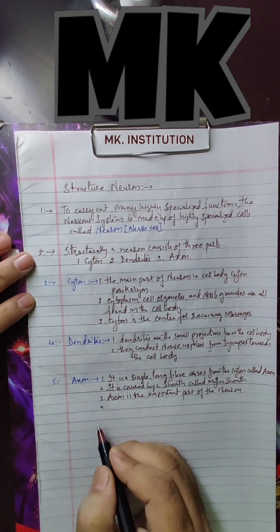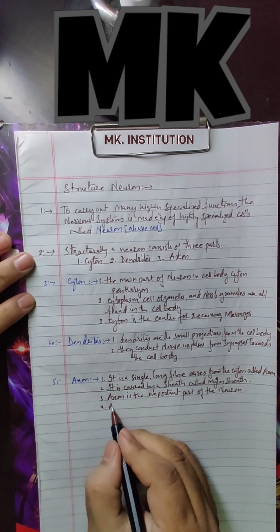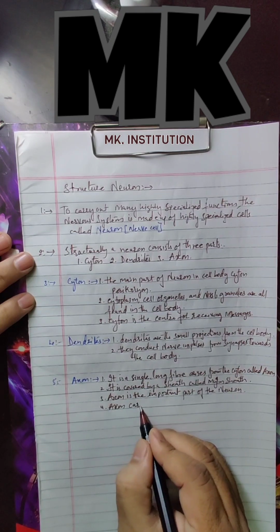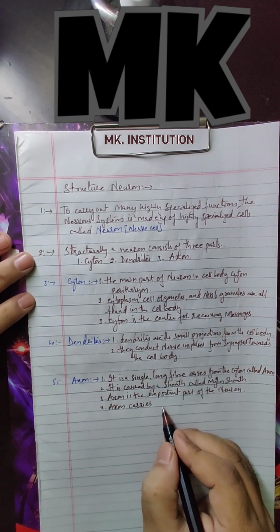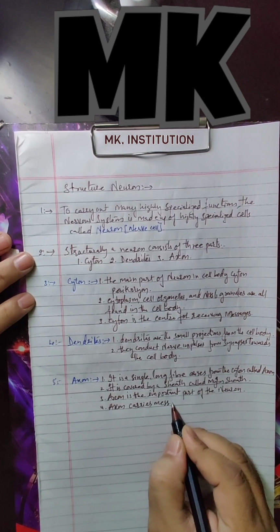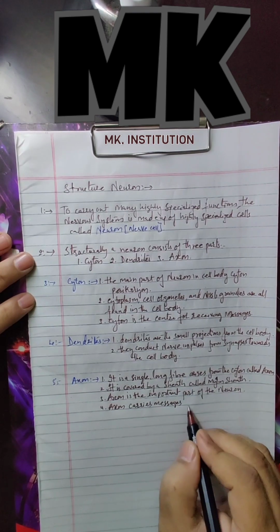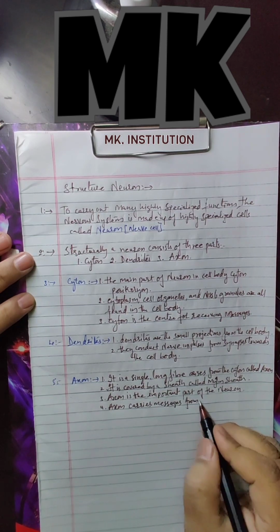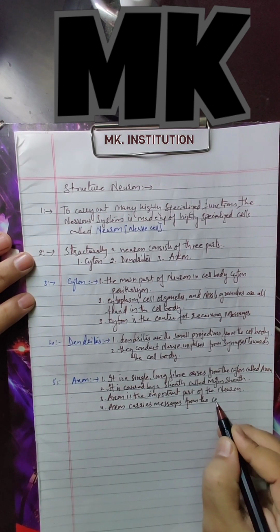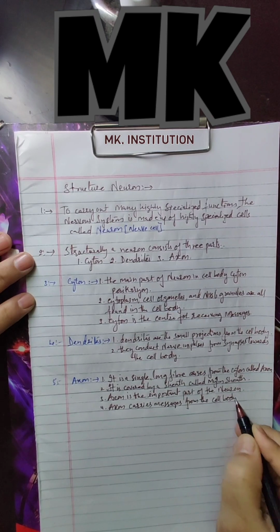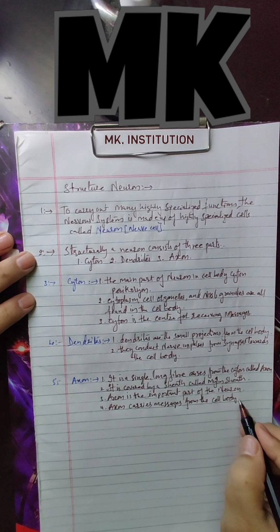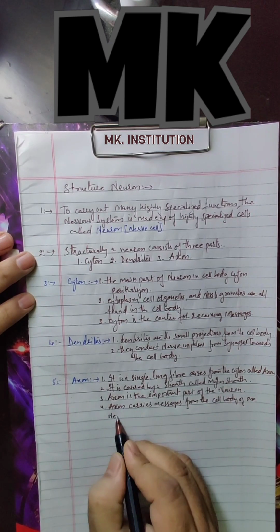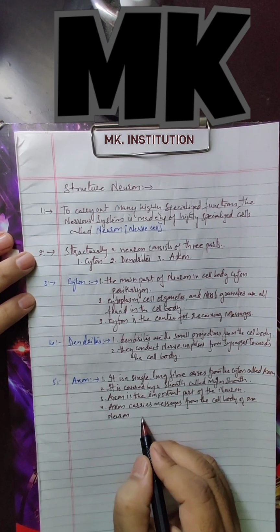Clear? Then fourth point, axons carry messages or impulses, you can tell, from the cell body of one neuron to another.